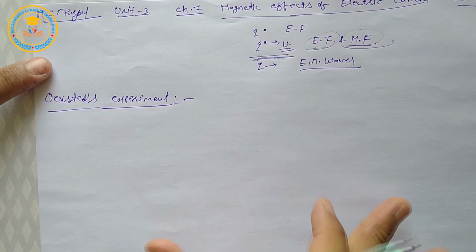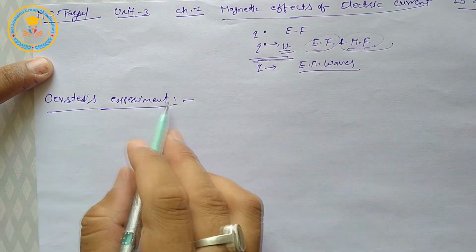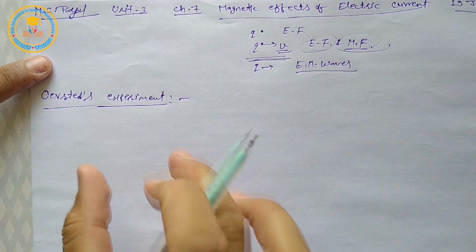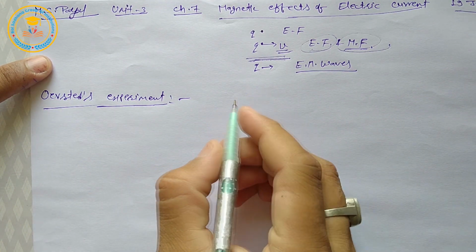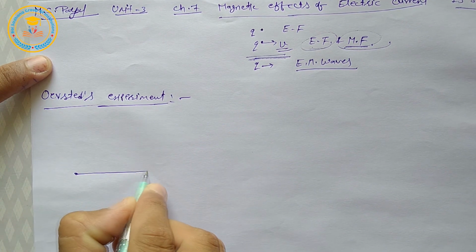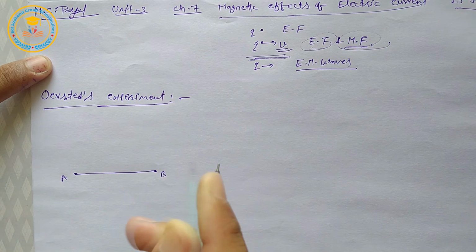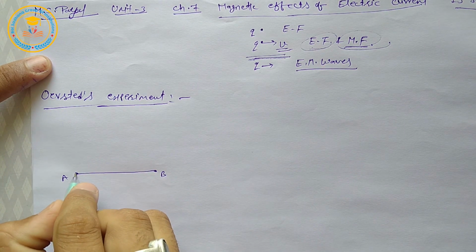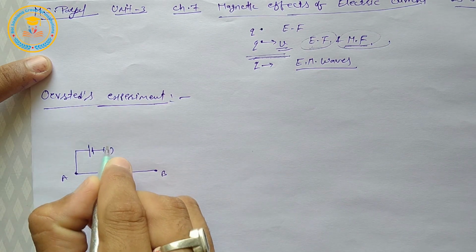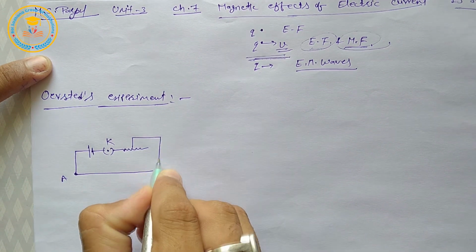Oersted did an experiment for a current carrying wire. Okay, in this experiment, suppose we have a straight wire AB. It is connected with a cell E, a key K, and a rheostat RH.